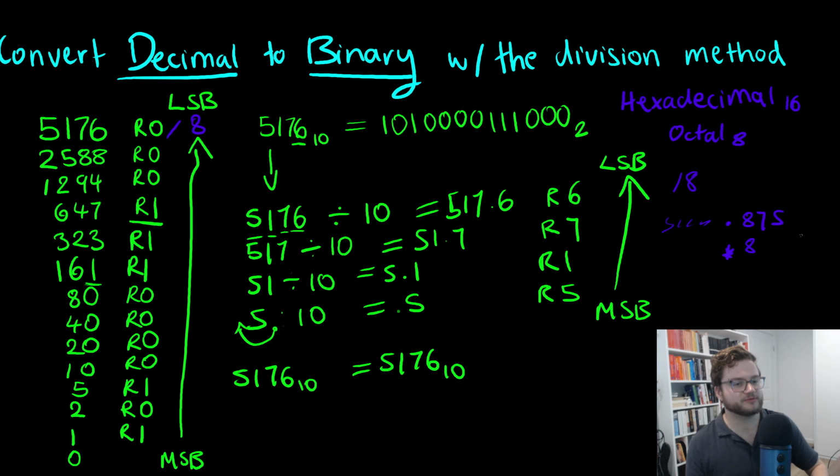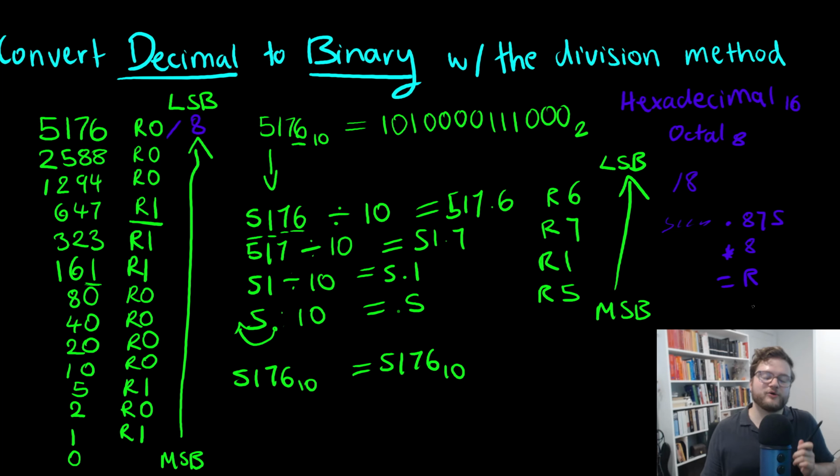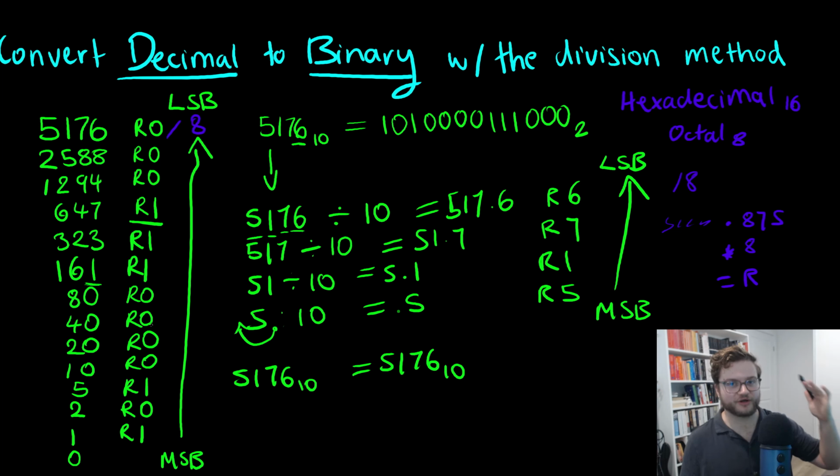So times by 8, that is your remainder. And I'll make a video about that further on for people who need that. But essentially, this is how it works. You successively divide, you divide until you get to 0, and your remainders are the binary number. And you start from the bottom of the page and you go up, and that's how you do it.